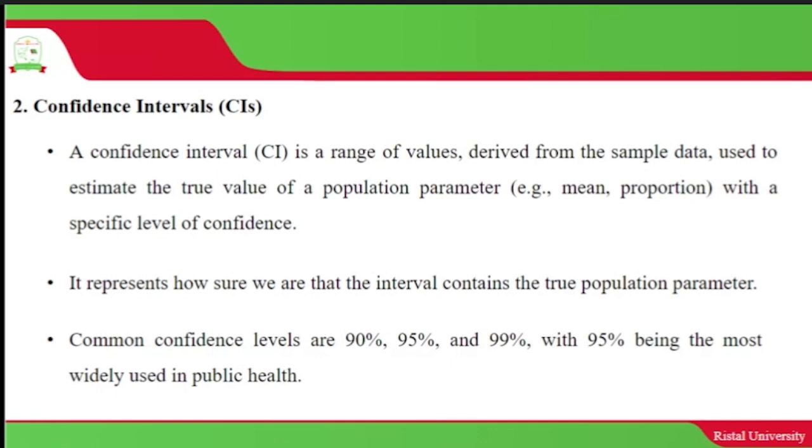Common confidence interval levels are 90%, 95%, and 99%, with 95% being the most widely used in public health. You will rarely find the 90% and the 99%. Most of the time, the 95% confidence interval is used in public health.